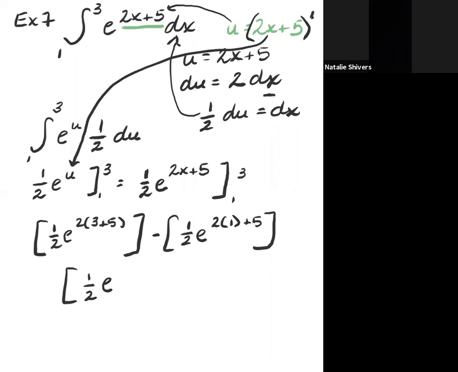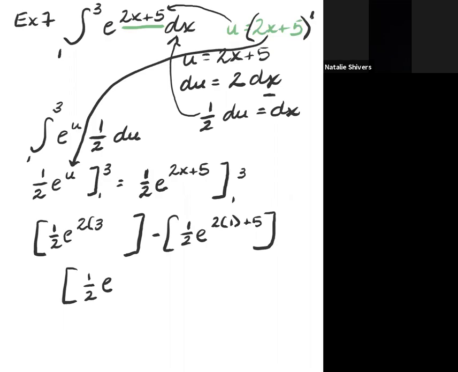Oops, I kind of did these backwards. So hold on, let's erase this. I did this one wrong. I wrote it wrong. It happens. This is 2 times 3 plus 5. So 2 times 3 is 6 plus 5 is 11. Minus 1/2 e. 2 times 1 is 2 plus 5 is 7.